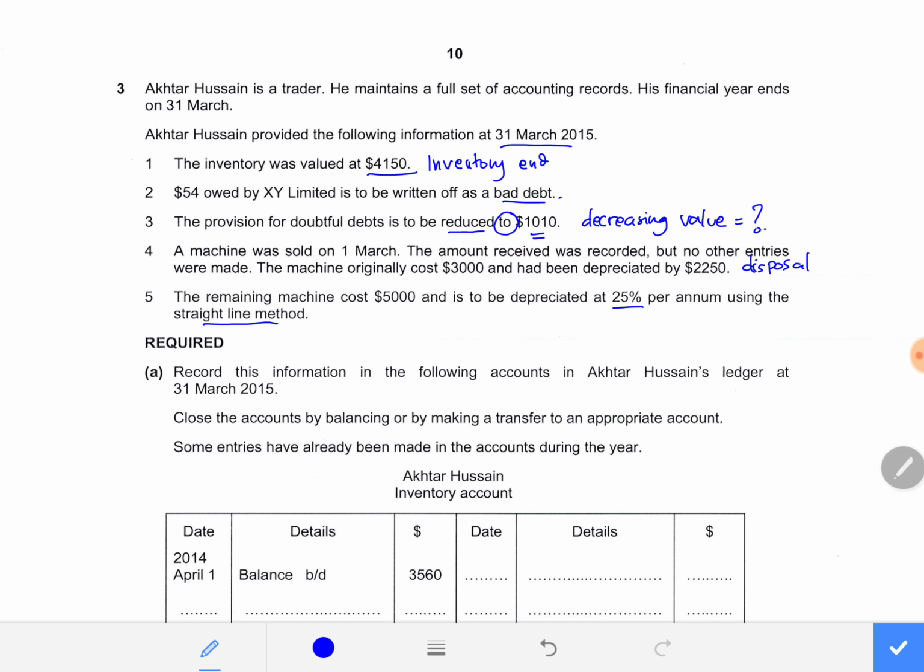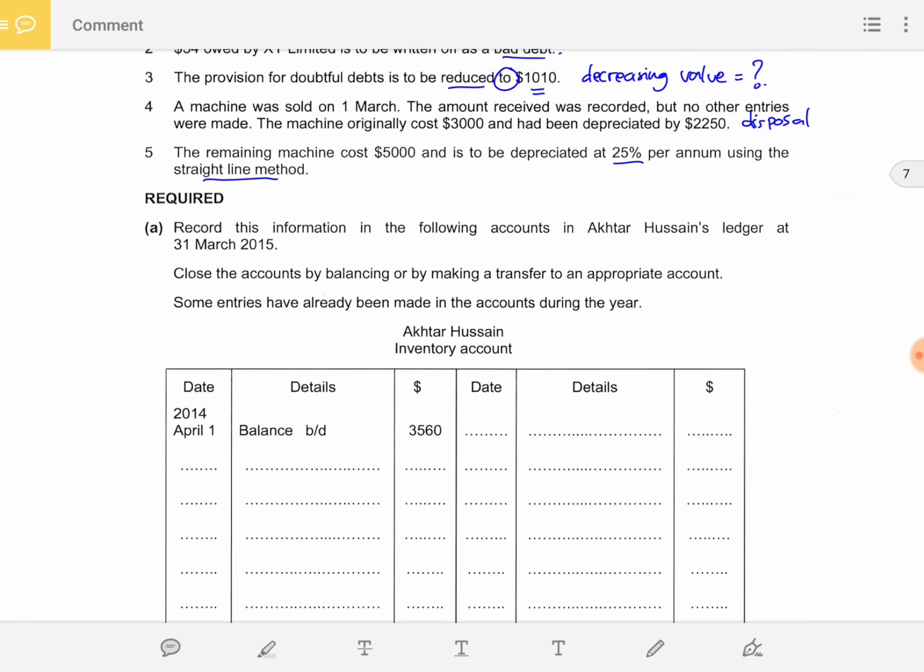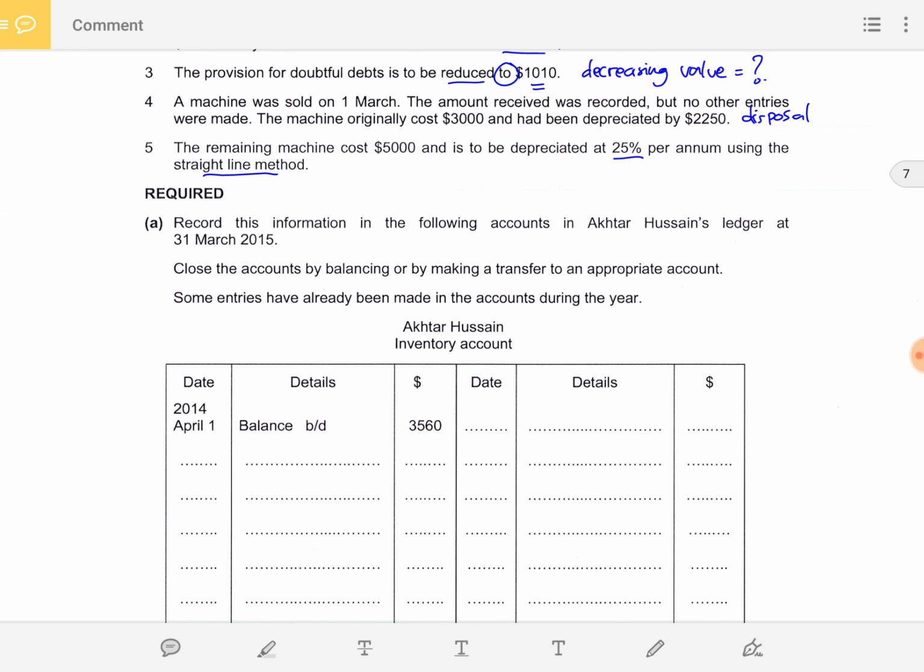You are required to prepare accounts, and one of the accounts is the inventory account. To do the inventory account, you need two pieces of information: opening inventory and closing inventory.